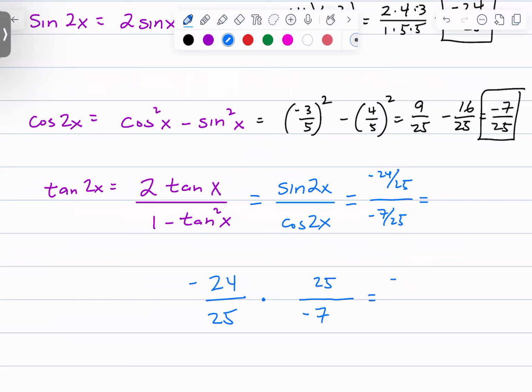That would be negative 24 over 7, because these guys would just cancel out. So I'm just left with negative 24 over 7, and that is number 4.